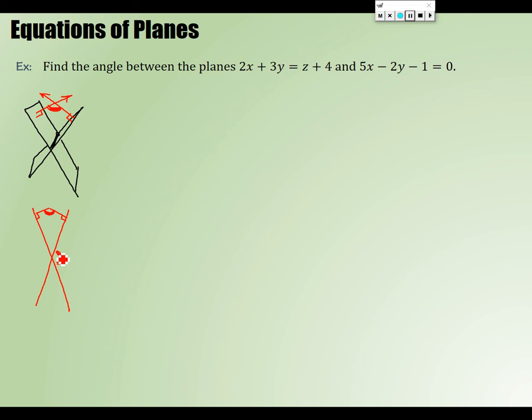If you gave me either answer as a teacher, I would accept it. You could give either this angle or its supplement. Can you tell that these two angles are supplementary? The sum of the angles here is 360, so 180.